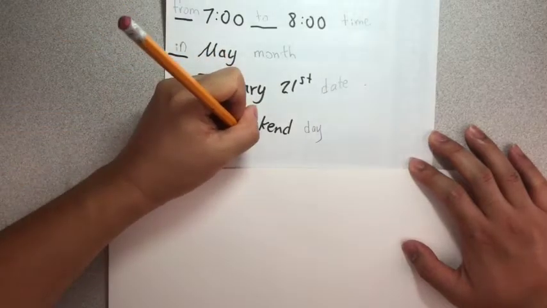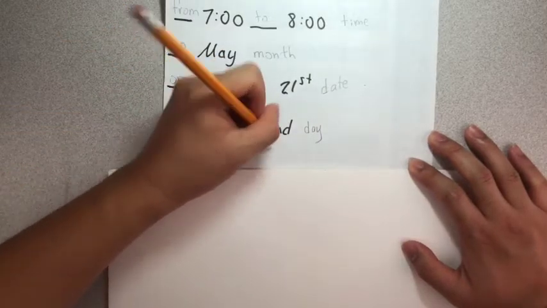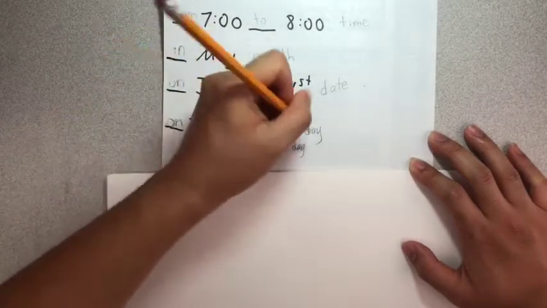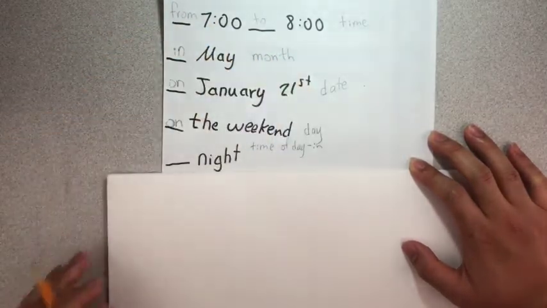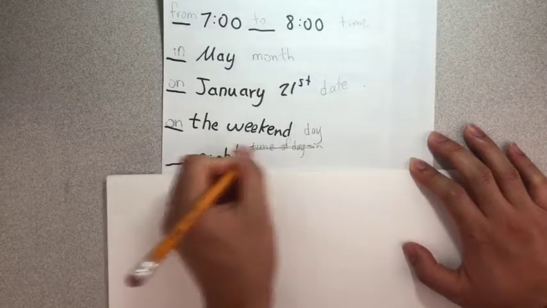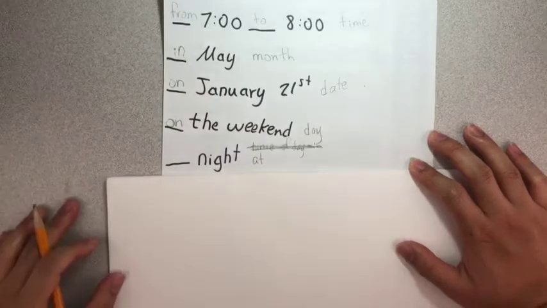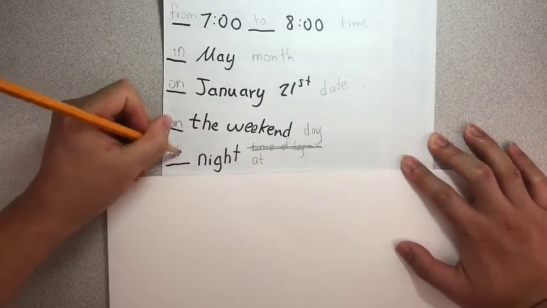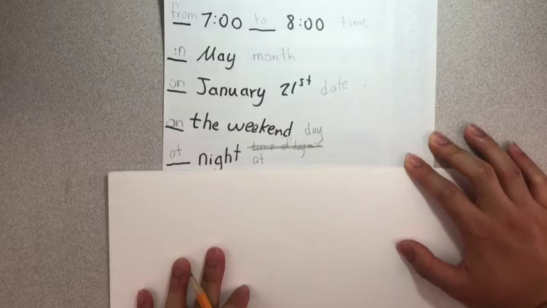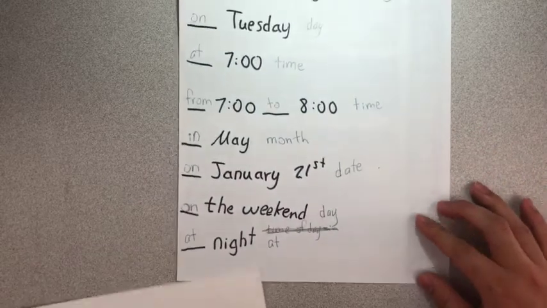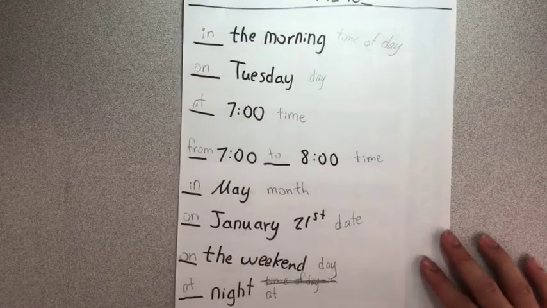Now I know you want to say night is a time of day, so we should use in, right? But no. For night, we actually use at. We say at night. So here are all the answers again.